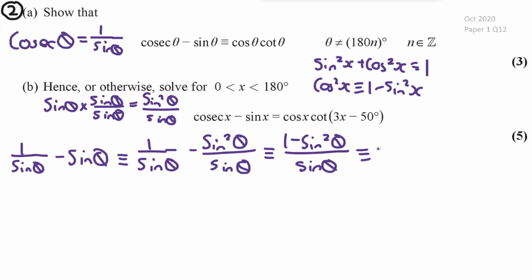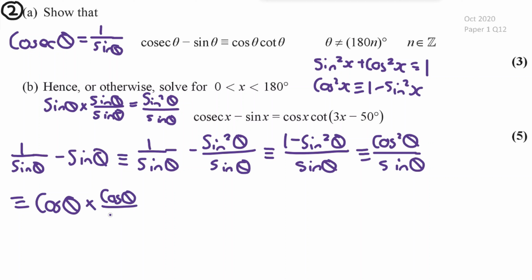So this is equivalent to cos squared theta over sin theta, like this, and we've got cos squared theta up here, so we can rewrite this as cos theta multiplied by cos theta over sin theta, like this, and hopefully you can see that these are equivalent.